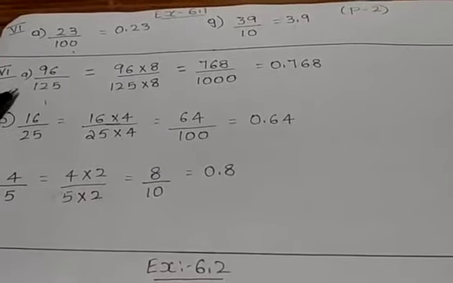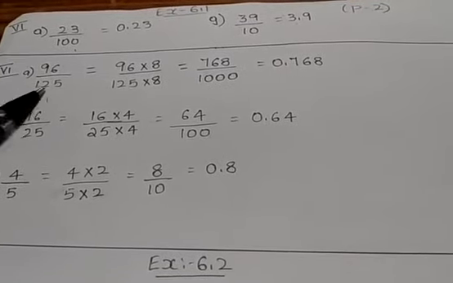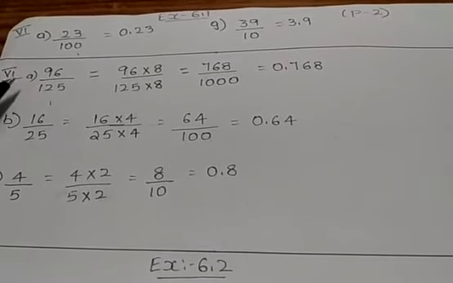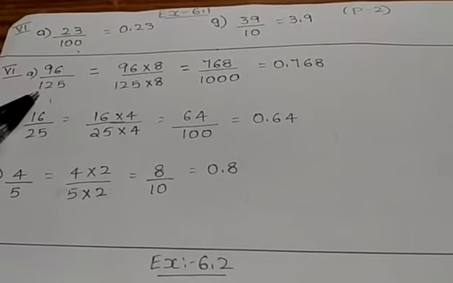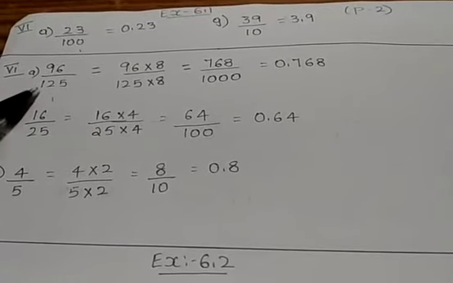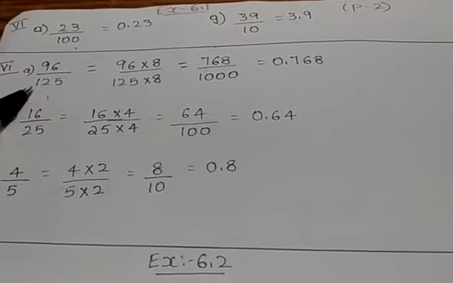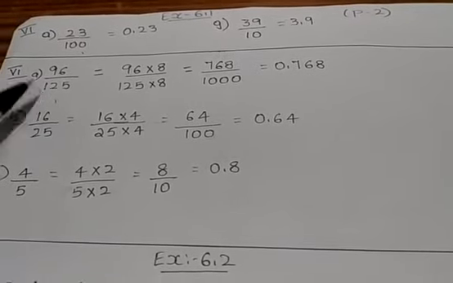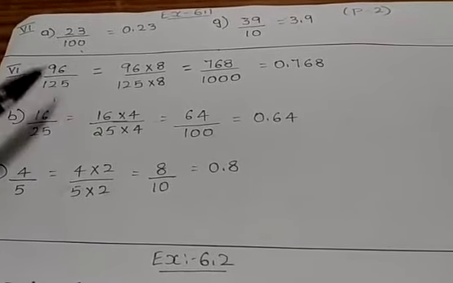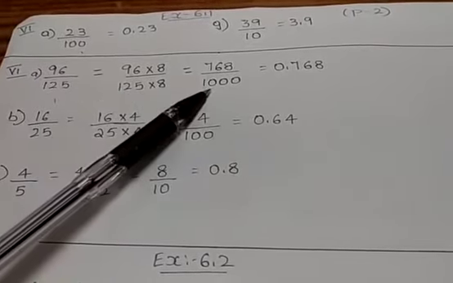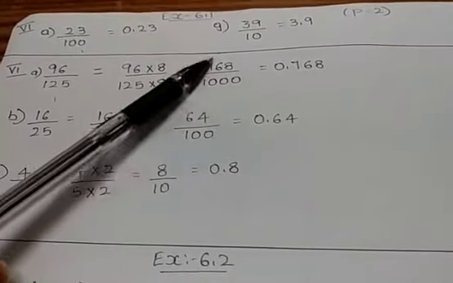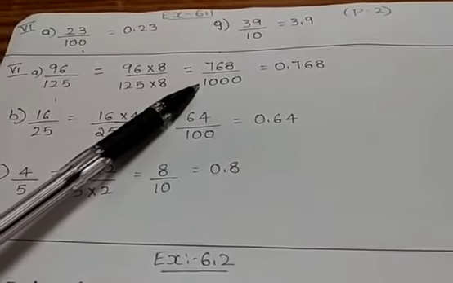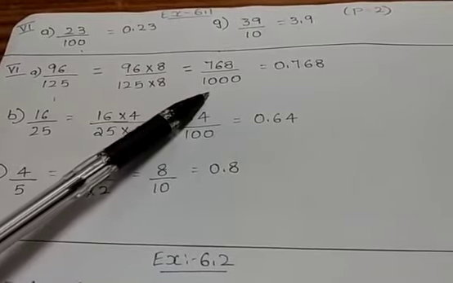But now here we have 125 as the denominator, so convert this into 1000. To convert, 125 into 8 gives you 1000. We have converted into thousands.